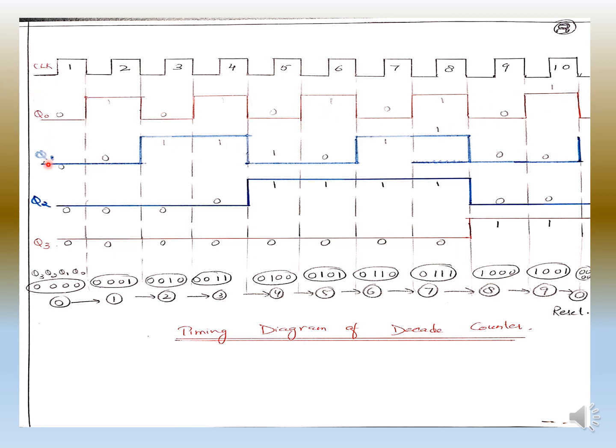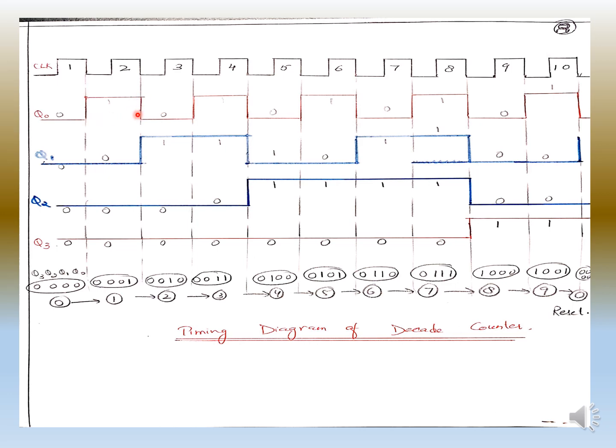Now next is Q1. So Q0 is connected to the negative edge clock of the Q1. So we will not see this clock pulse, we will see the clock pulse of Q0. So it will change its state when there is a negative edge.